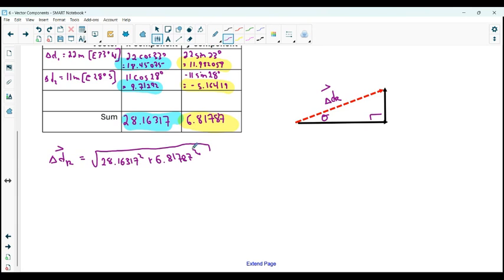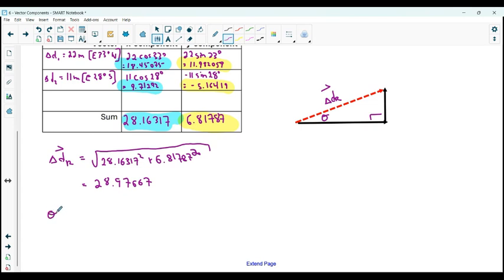I'm doing this kind of messy and quick, but this is just Pythagorean theorem, right? We're pretty good with this. So the magnitude is going to end up being 28.97667. Okay, that's our magnitude.